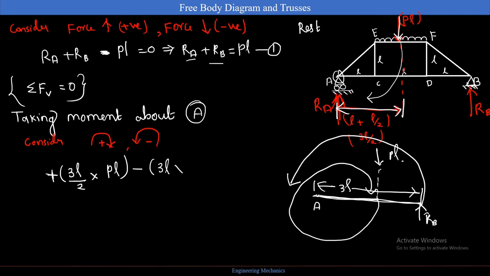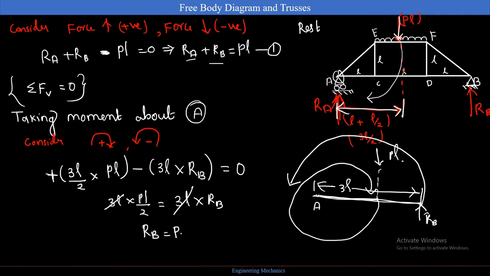The distance is 3L and the force is RB, and the sum is equal to 0. So now my work is very simple. I am going to find my RB, which is 3L into RB equal to 3L into PL by 2. So I can cancel 3L and 3L. So what is my answer? RB is equal to PL by 2.